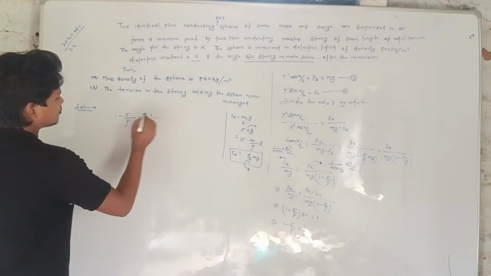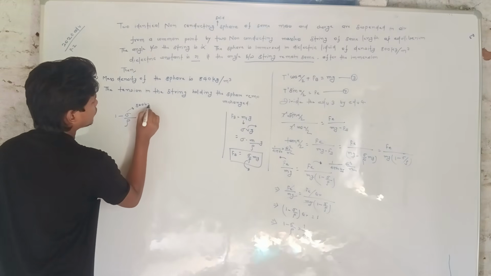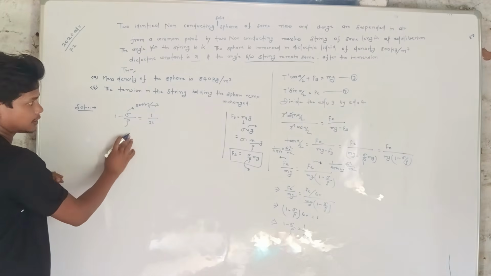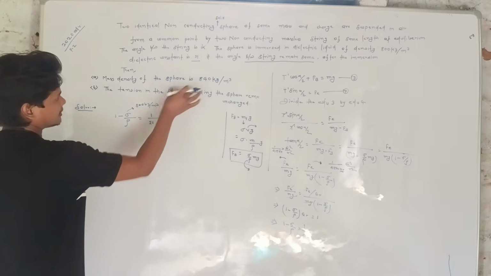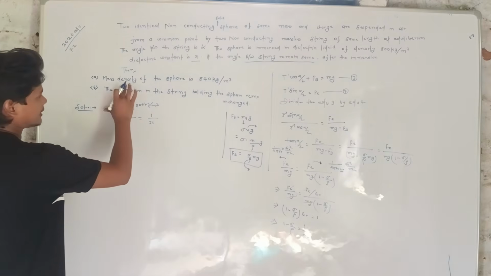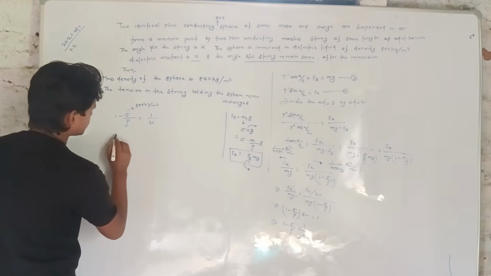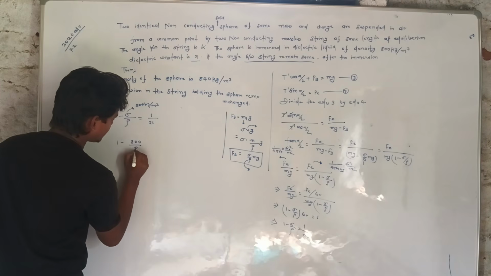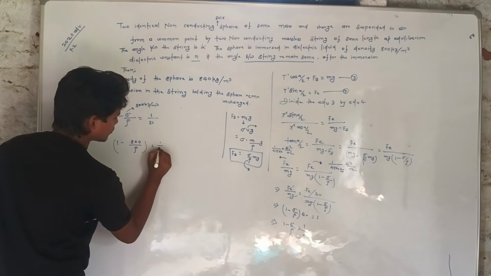Now in the given question the mass density of the liquid is given as 800 kg per metre cube. From here we can easily calculate the mass density of the sphere, compare with this answer, and then decide whether option A is correct or not. 1 minus 800 upon the mass density of the sphere is equal to 1 upon 21.